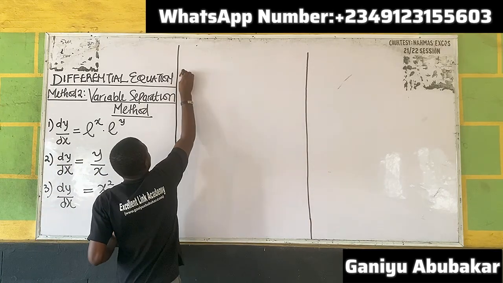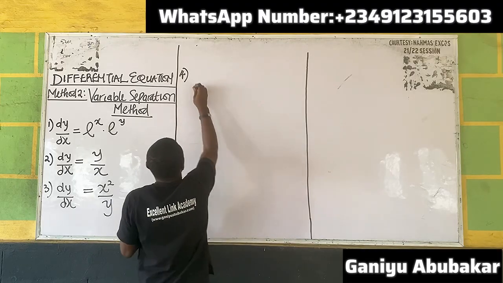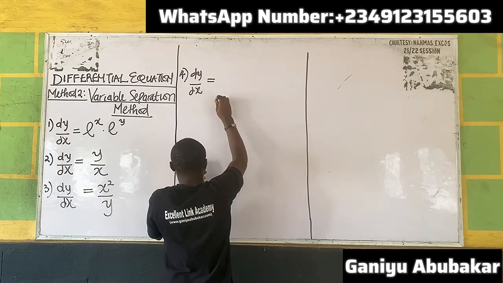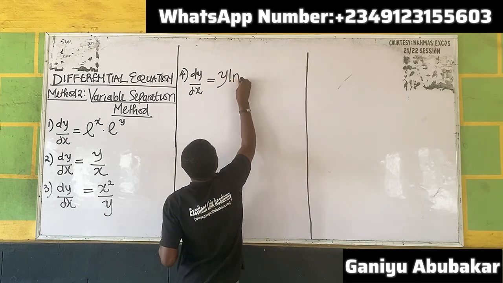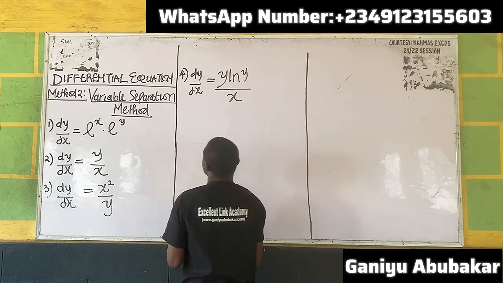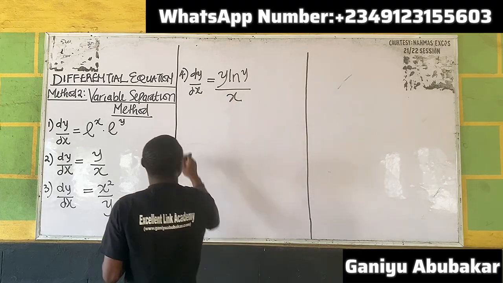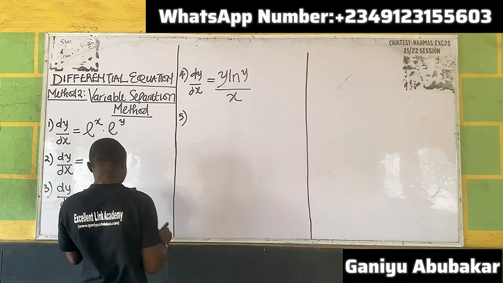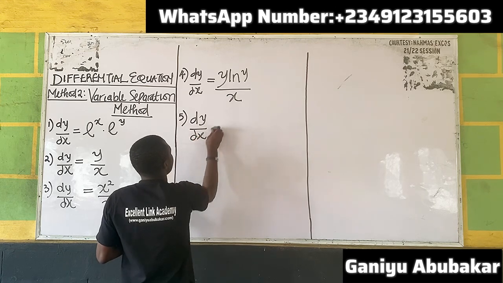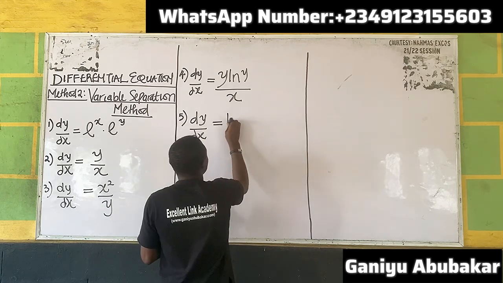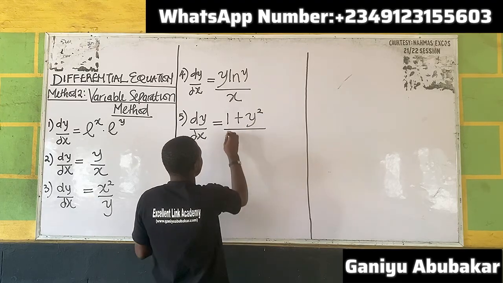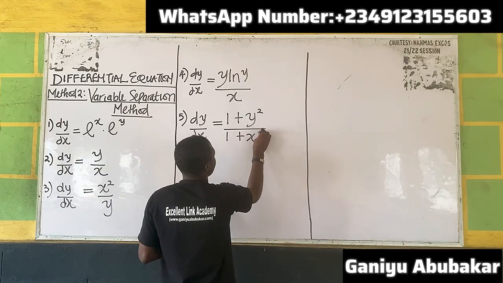Number four, dy dx is equal to y ln y all over x. Number five, we'll solve dy dx is equal to 1 plus y squared all over 1 plus x squared.